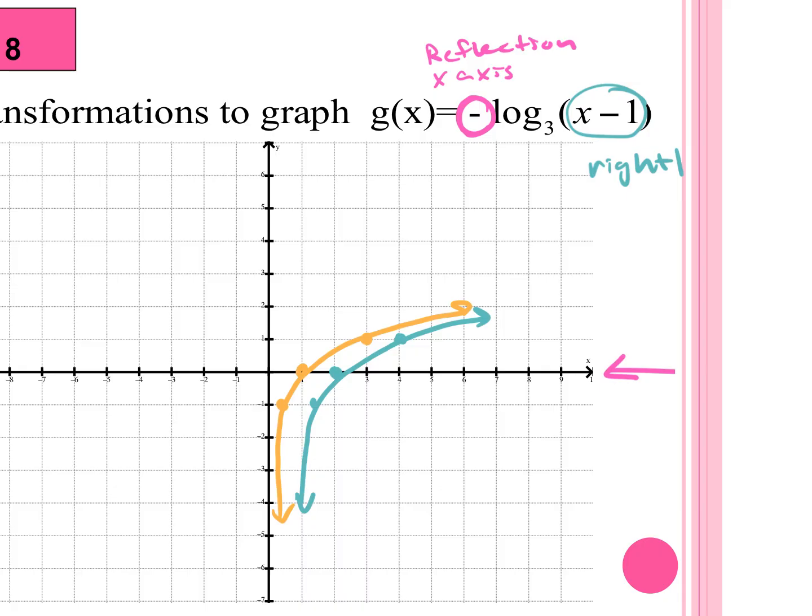So everything below my x-axis is now going to be above. Everything above my x-axis is going to be below. So our points are just going to flip along the x-axis there. So our graph looks like this, because we just flipped the teal graph. It should look a little bit more like that. So our graph would be the pink one.